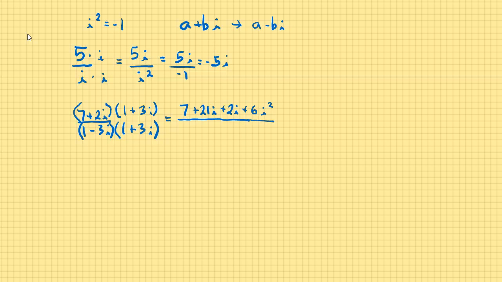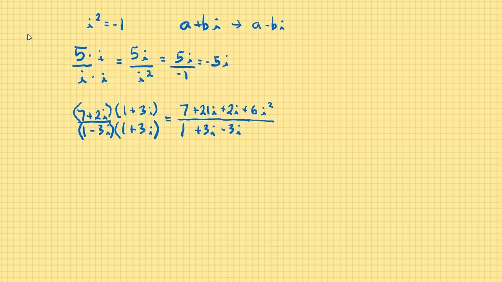Okay, now in the denominator, because we're multiplying conjugates, the middle term is going to drop out, which is what we want to have happen. So let's do this. We'll use FOIL. So 1 times 1 is 1. And on the outside we have 1 times 3i is just 3i, so I'm going to put plus 3i. And then on the inside we have negative 3i times 1, which is negative 3i.